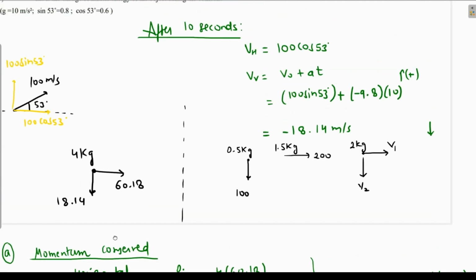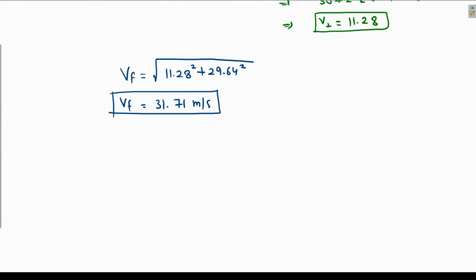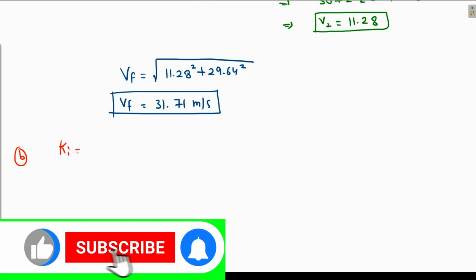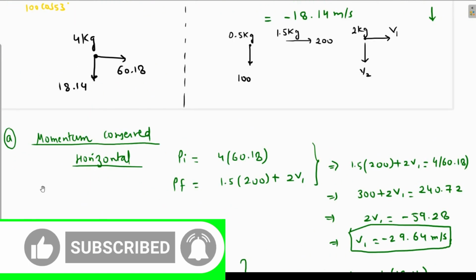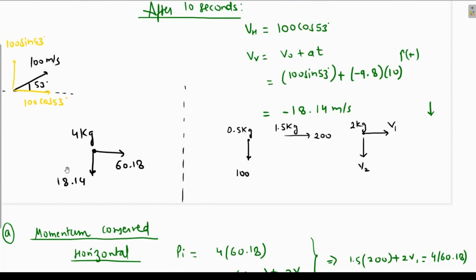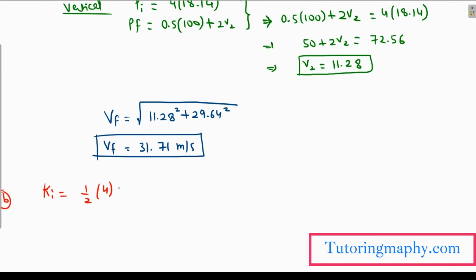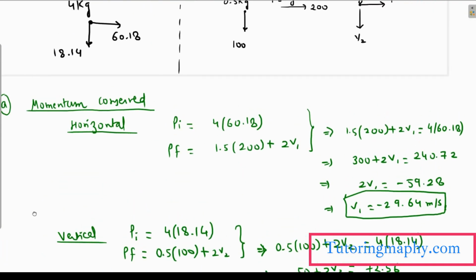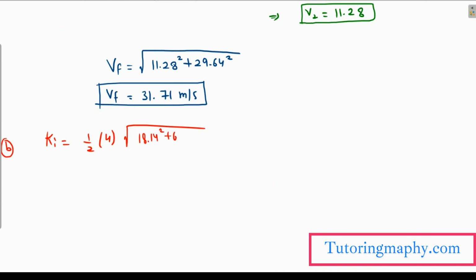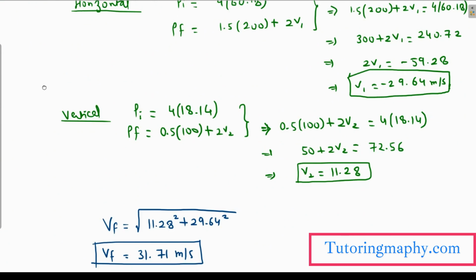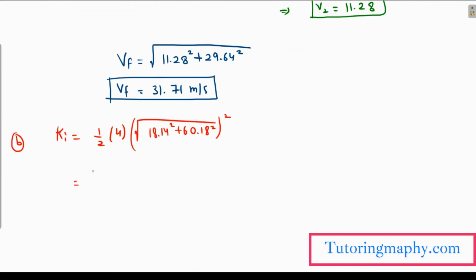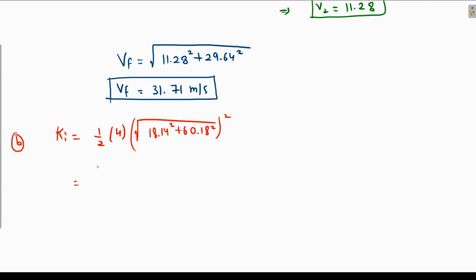For this, we have to find the initial kinetic energy, which is half m v squared, with m as 4. The net velocity is the square root of 18.14 squared plus 60.18 squared, and we have to square this because kinetic energy is half m v squared. So that comes out as (18.14 squared plus 60.18 squared) times 2.